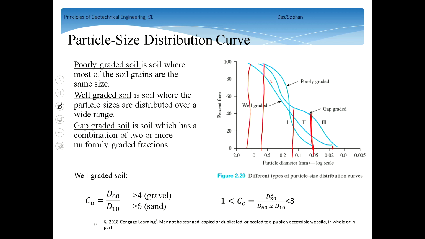That means the mass of particles in this size range is small, right? So the soil misses some of the particle range.